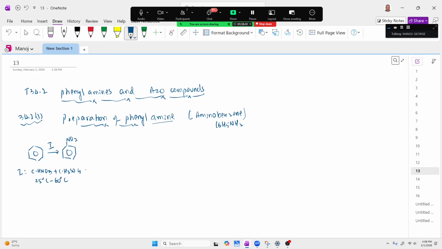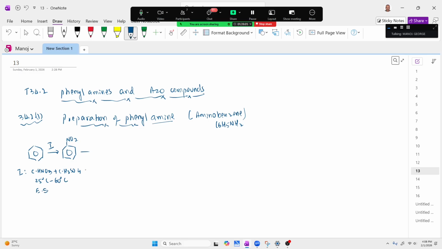Okay, what else? Everything is, that's it. The name of the reaction is electrophilic substitution. That's the temperature, no? 25 degree to 60 degree. Concentrate HNO3. And then this reaction is called electrophilic substitution.